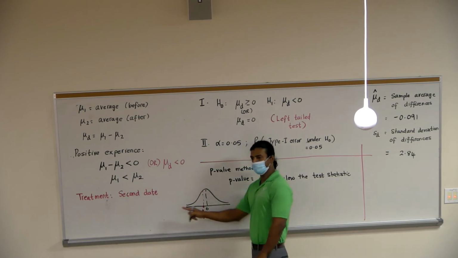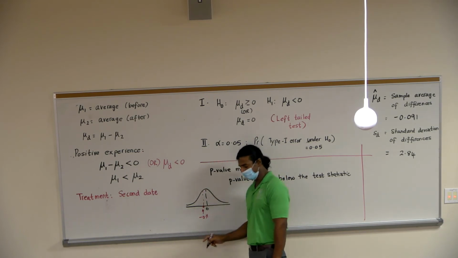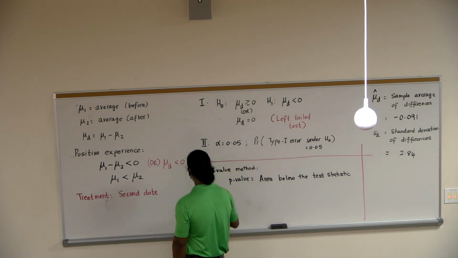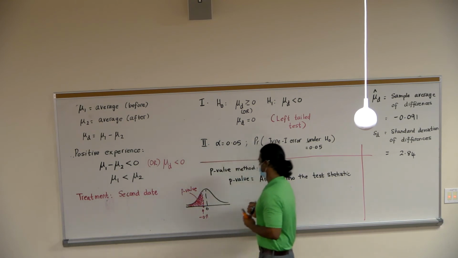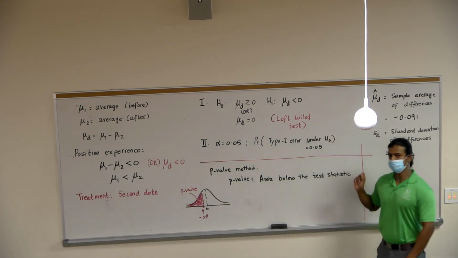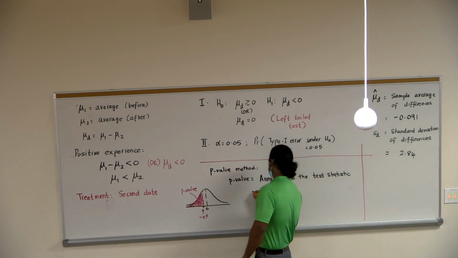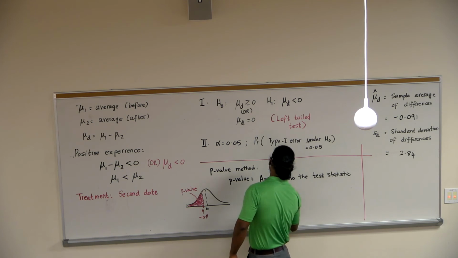And we want to find the area below negative 0.11. Since the distribution of the test statistic is t, we have to use t-CDF.